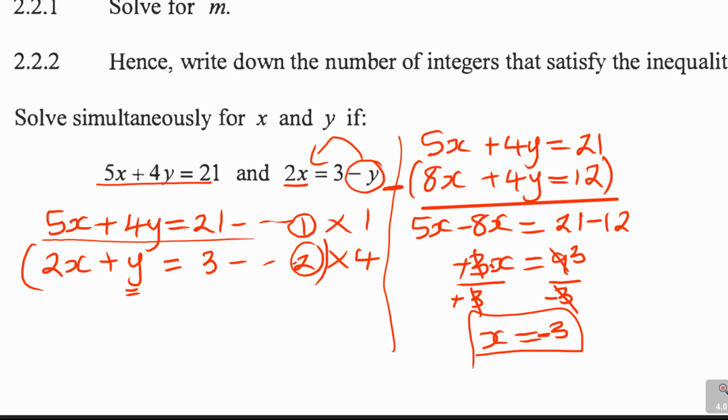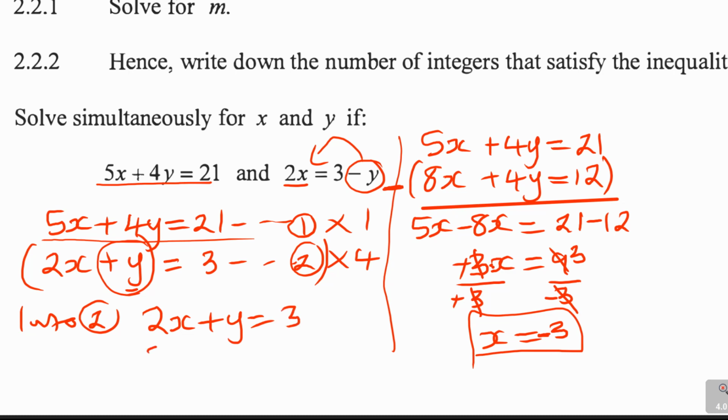Am I done? No. I need to find the value of y. Now to find the value of y, from these two equations, equation 2 is much simpler because already it has y there. You can use this one with 4y, but it will become a bit longer by one step. So take equation 2, where you say 2x plus y equal to 3.